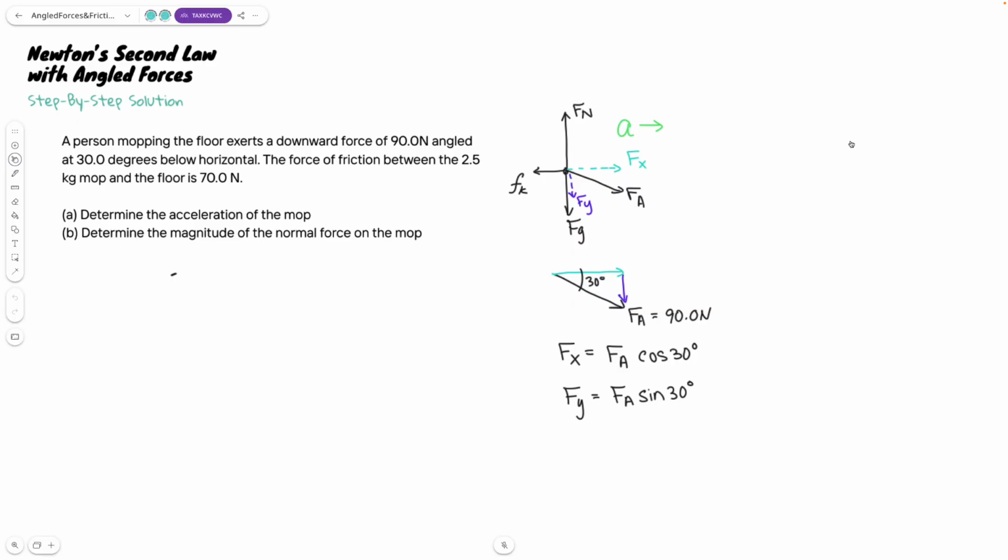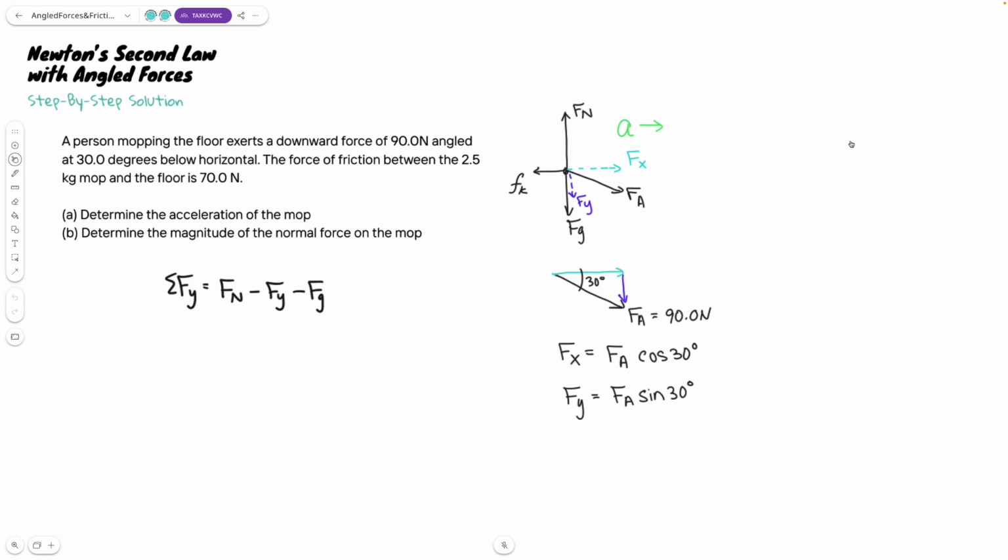We'll take into account that our normal force points upwards, so we'll keep that in there as a positive value, but the y component of our applied force points downward, so we're going to subtract that component and also subtract the gravitational force because it points downward.